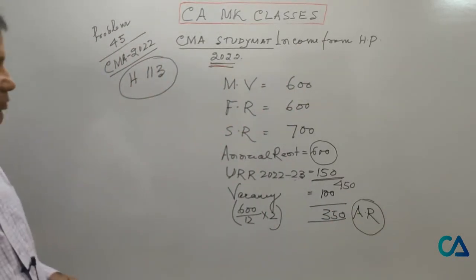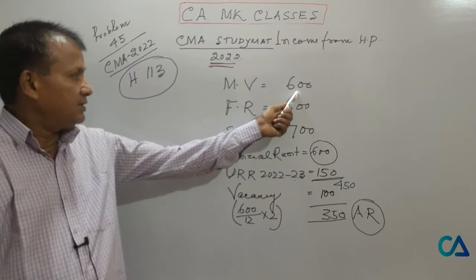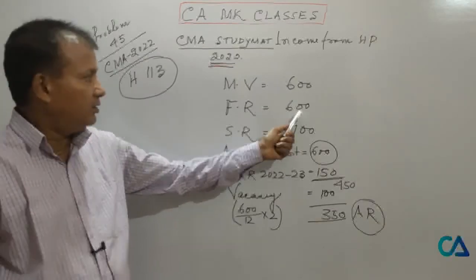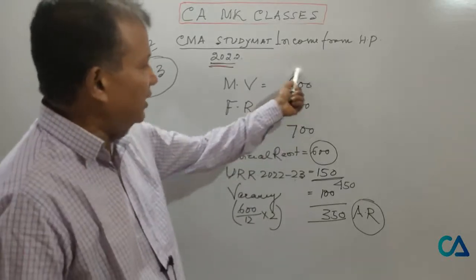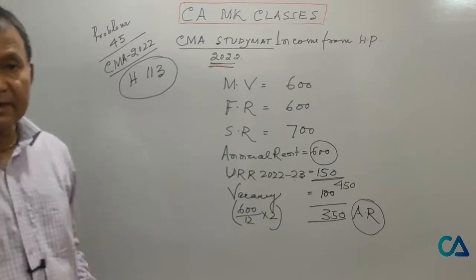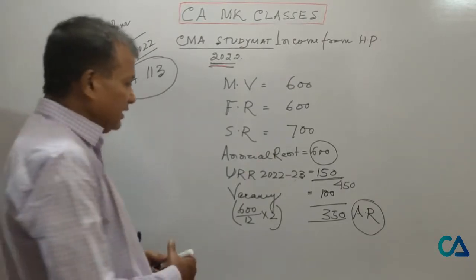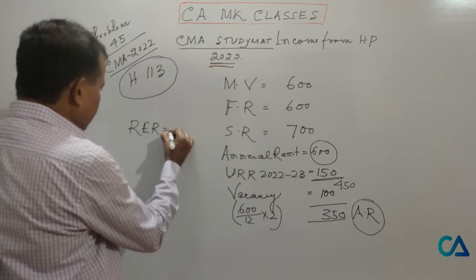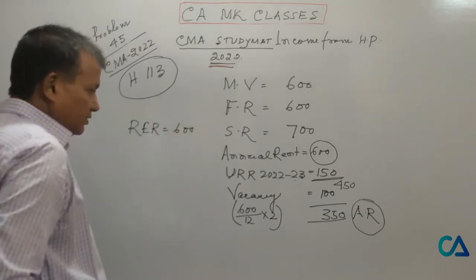Let us come to step 1. This is municipal value or fair rent, whichever is higher. So 600, both are equal. Therefore we are taking 600 here. Standard rent 700. Your RER is equal to 600.